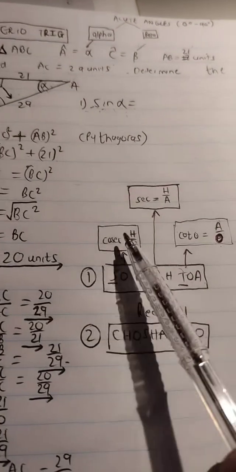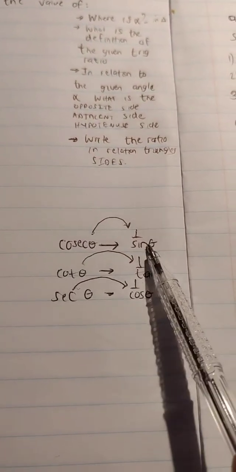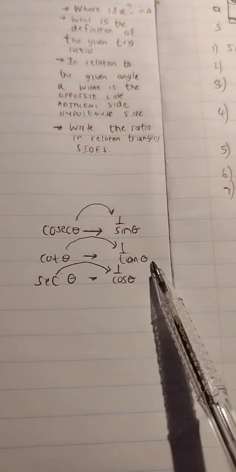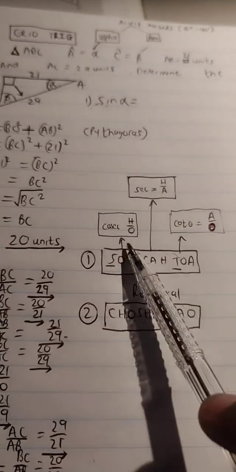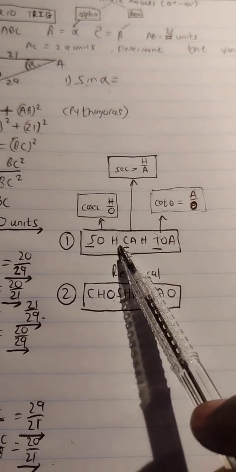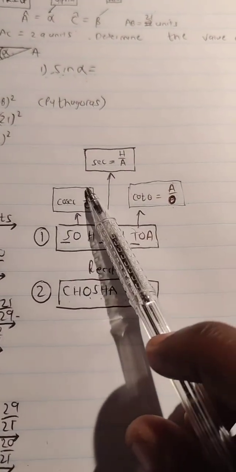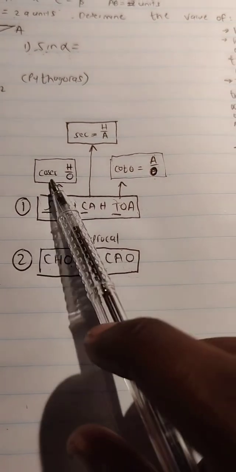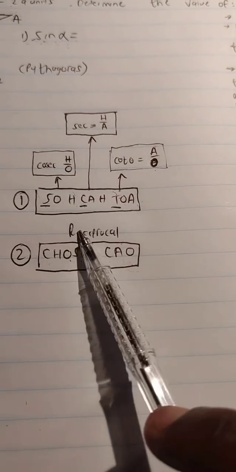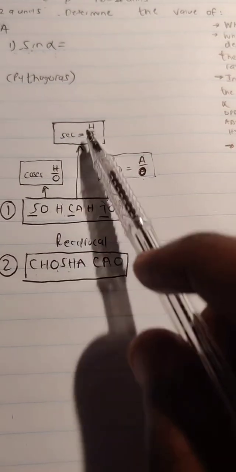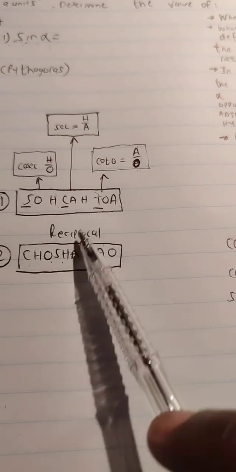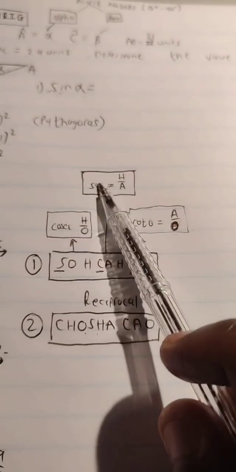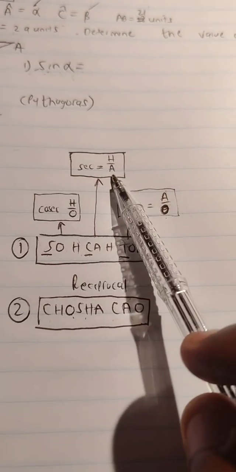So cosec, we must remember, is the reciprocal of sine. Cot is the reciprocal of tan. Sec is the reciprocal of cos. Sine is opposite over hypotenuse, but cosec is hypotenuse over opposite. Cos is adjacent over hypotenuse, and the reciprocal of cos is sec, which is hypotenuse over adjacent.